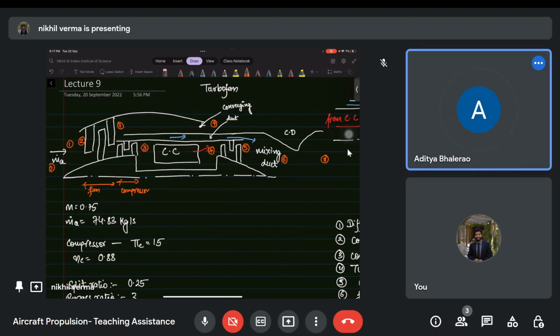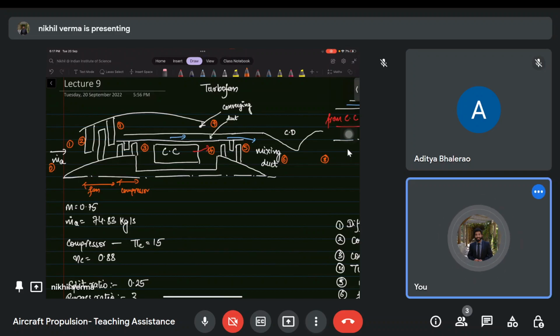So we just have to find the total temperature and total pressure at all the stations.